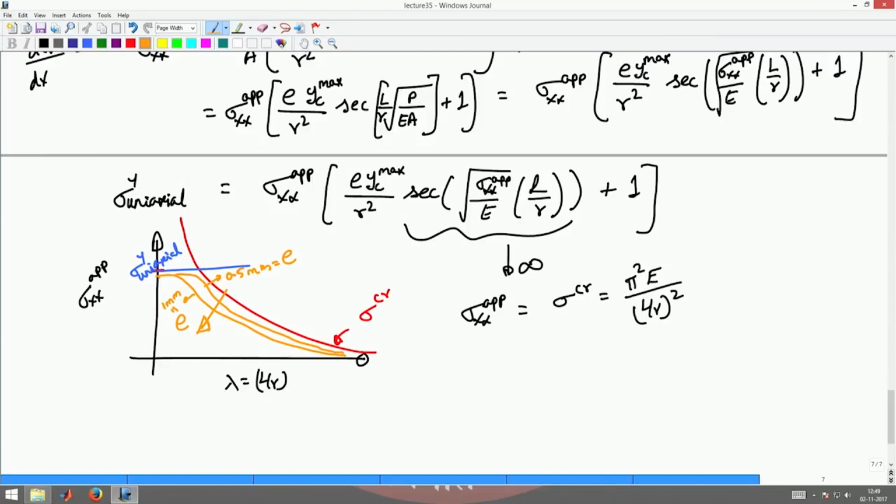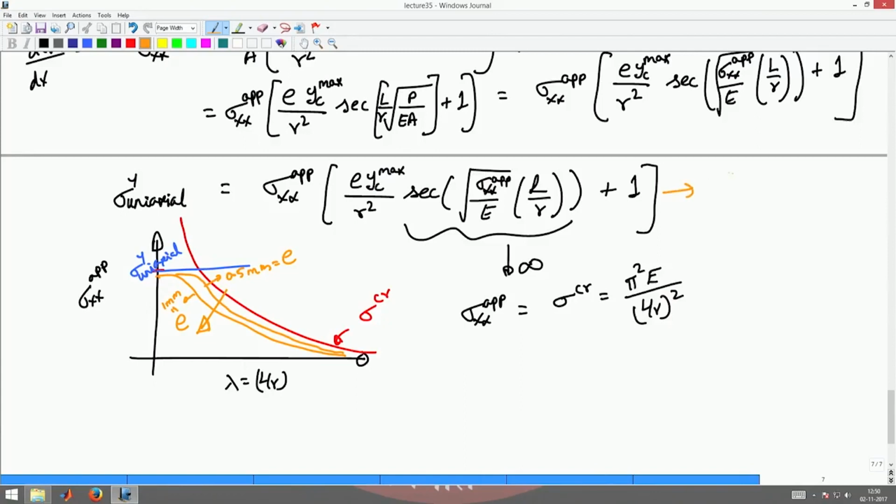Okay. So, this reflects the realistic behavior of the column, wherein you have the lateral deflection also depending upon the load, and you have the stress going to the uniaxial yield stress value depending upon what the eccentricity and what the slenderness ratio is. Okay. And by the way, this is called as the secant formula.